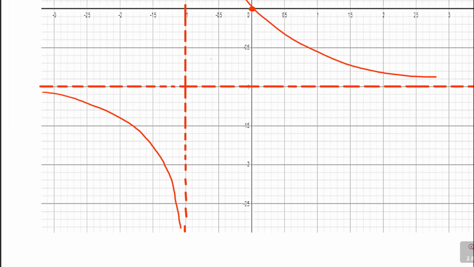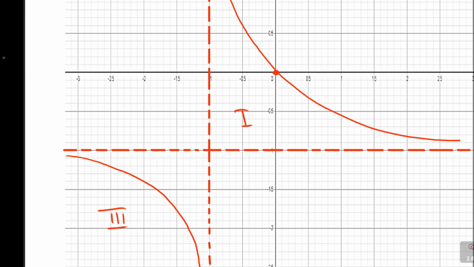Because it's in quadrant 1 and quadrant 3. Remember, these are hyperbolas. It can also be in quadrants 2 and 4, but this one unfortunately is only in quadrants 1 and 3.